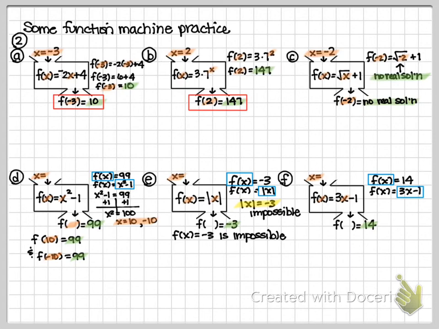Oh, I just realized I didn't box my answer on the last question. So the red box is just saying that it's impossible. Okay, let's finish up this last one.